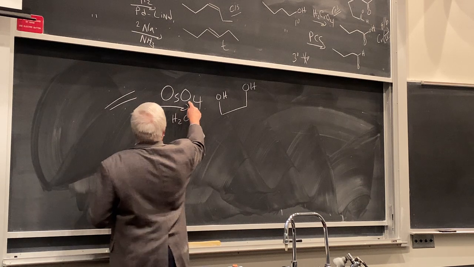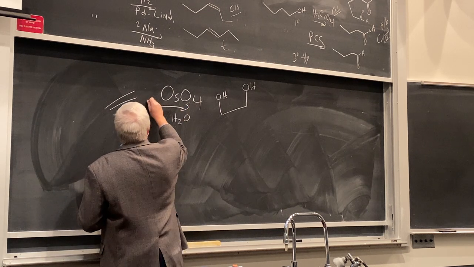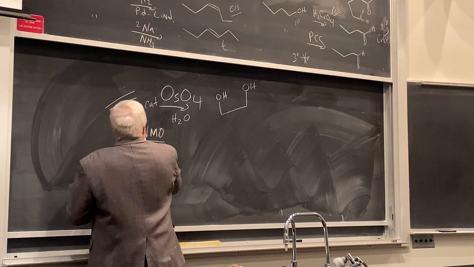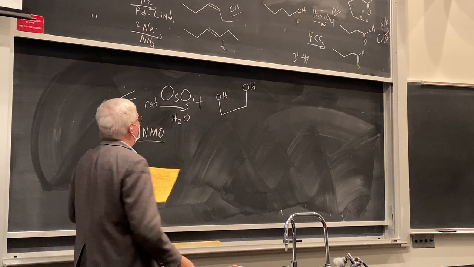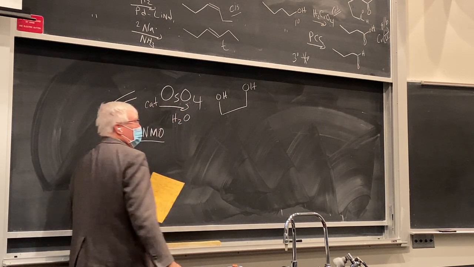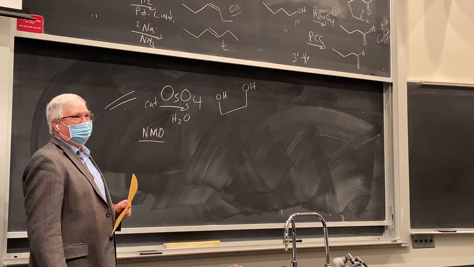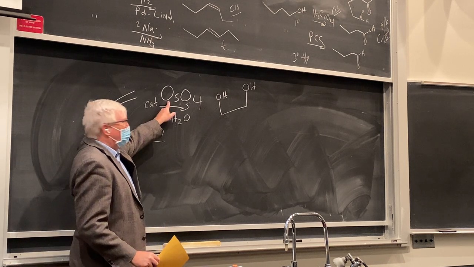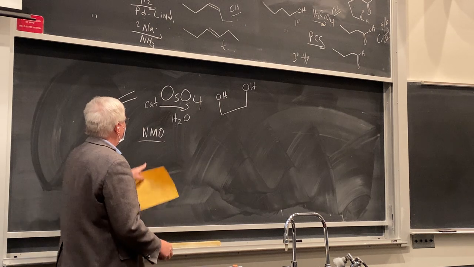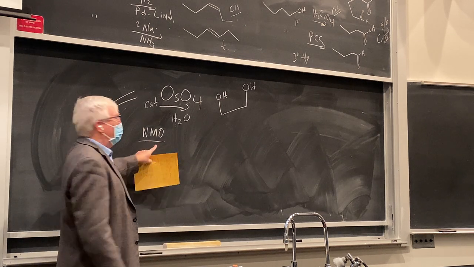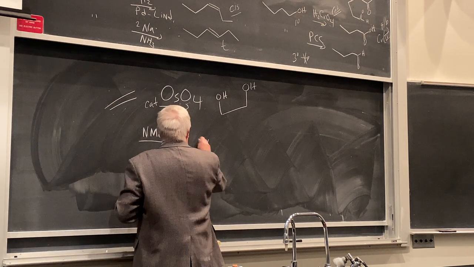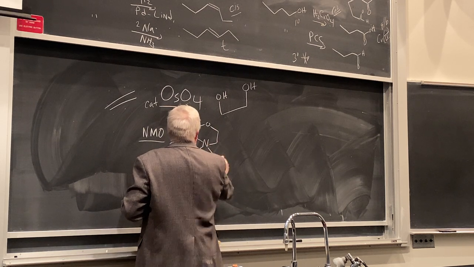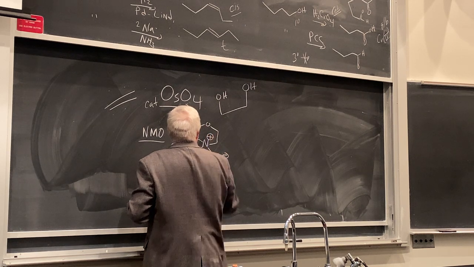Sometimes instead of using a full equivalent, we can use it catalytically and add in NMO. Yeah, yet another acronym. The problem is osmium tetroxide is very toxic. Okay, so industrially, if they're going to do this on ton scale, they'll use a tiny amount of catalytic osmium tetroxide and then have a stoichiometric amount of NMO, which is this guy, morpholine N-oxide, which is this material here.